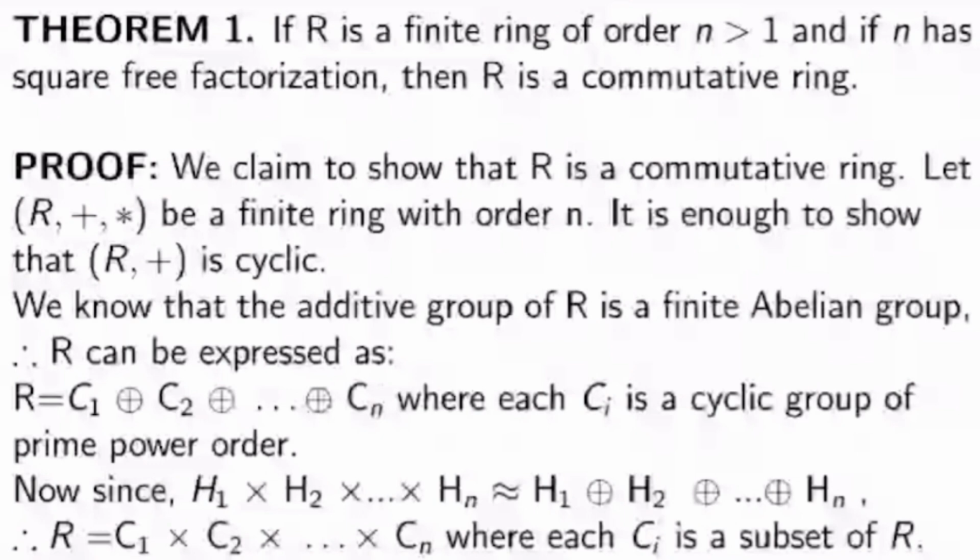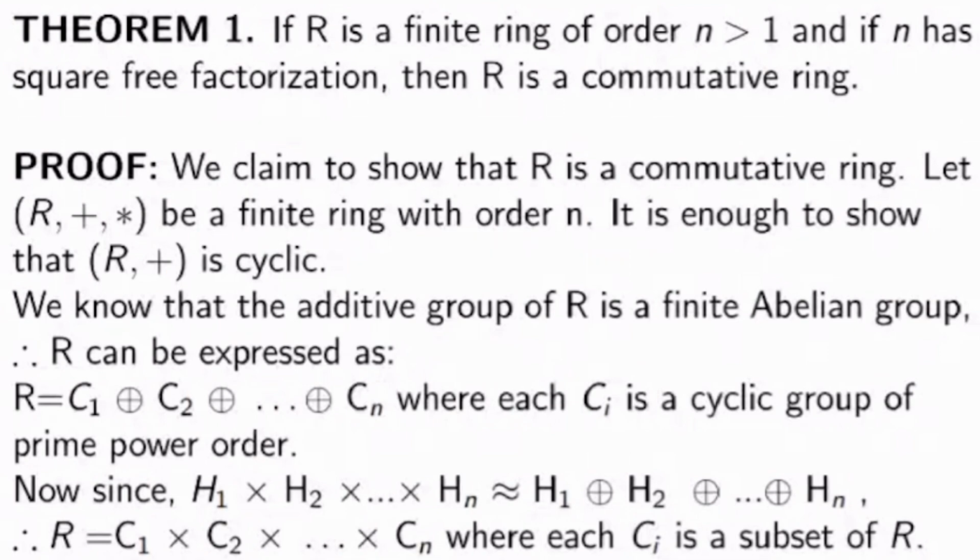We can write it as an internal direct product of cyclic groups. Now every C i has an order p, where p divides the order of R. Since the order of R is square free, the primes are not repeated.